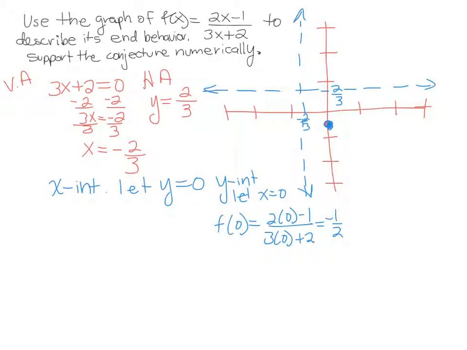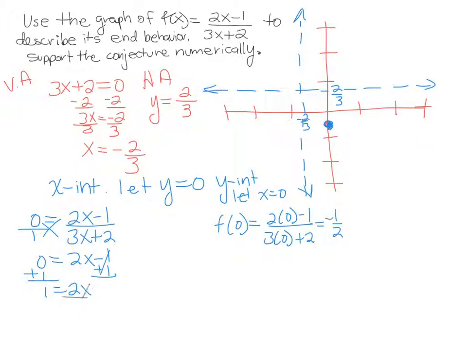Now let me go ahead and find my x-intercept. I let the y be equal to 0. So 0 equals f of x, and this is (2x minus 1) over (3x plus 2). Then I can just cross multiply, put a 1 under the 0. So it would be 0 equals 2x minus 1. And then I just solve for x, so that is 1 equals 2x, divided by 2, x equals 1/2.